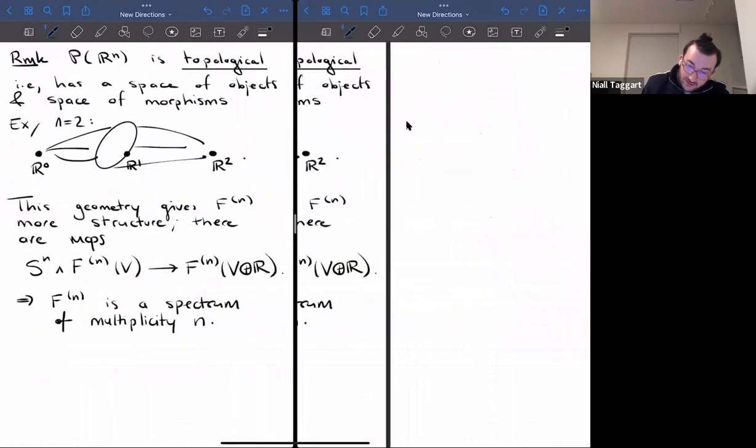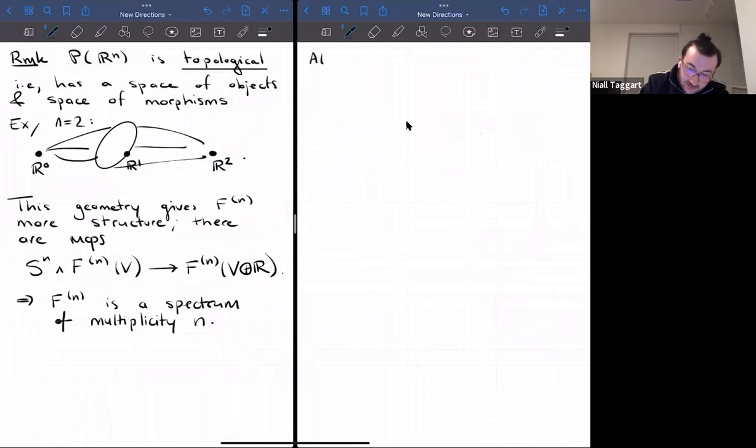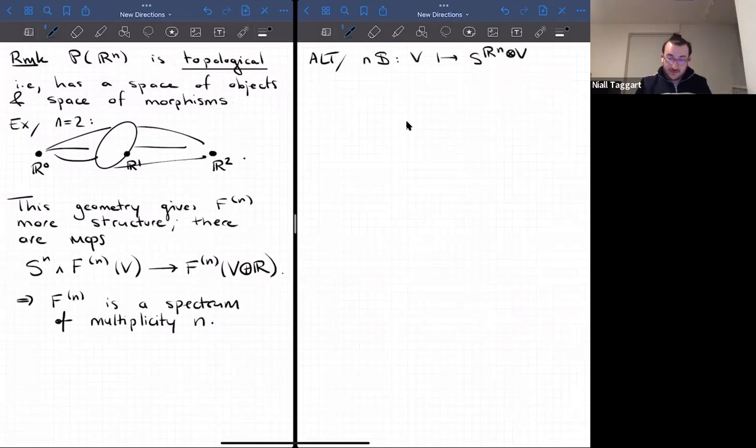If you want another way to say this, on the category of functors from vector spaces to spaces, there's a functor called NS, which sends a vector space to the one-point compactification of n copies of your vector space.